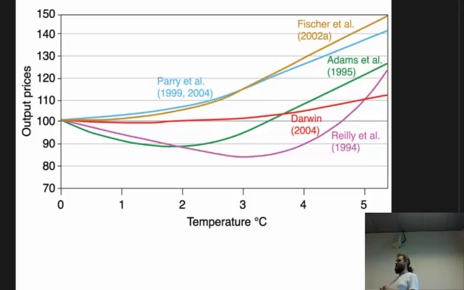So if there's more CO2 in the atmosphere, they need to keep their stomata open for a shorter while to get the same amount of CO2 in. And that means they lose less water through transpiration, which implies that plants become more drought tolerant if there's more CO2 in the atmosphere.